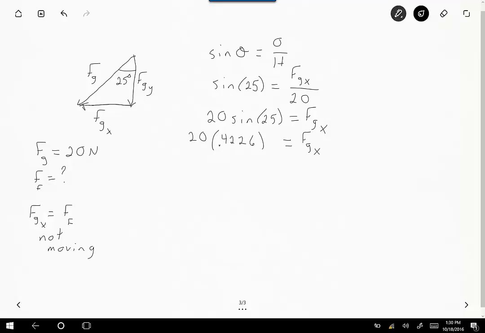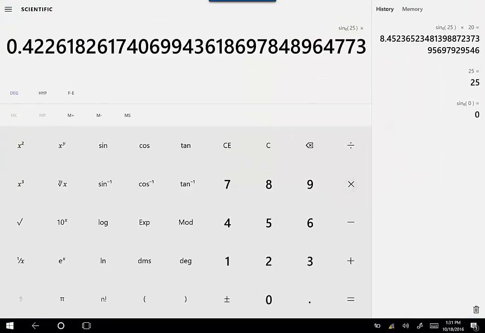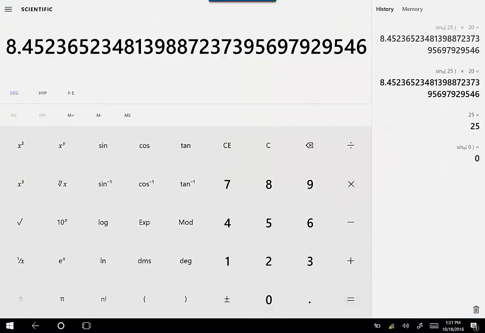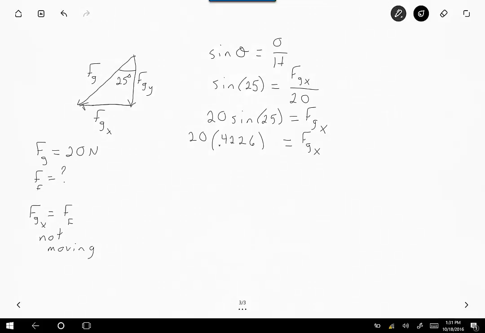And we multiply that by 20. And we get 8.452. And 8.452 is Fgx. Fgx, remember, is the gravitational force in the x direction of our squirrel sitting on the roof.